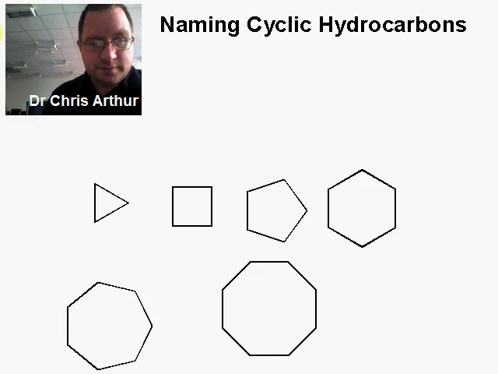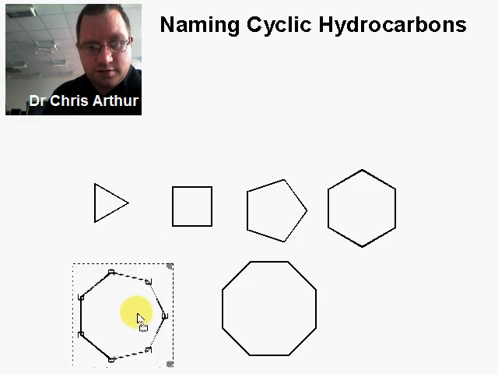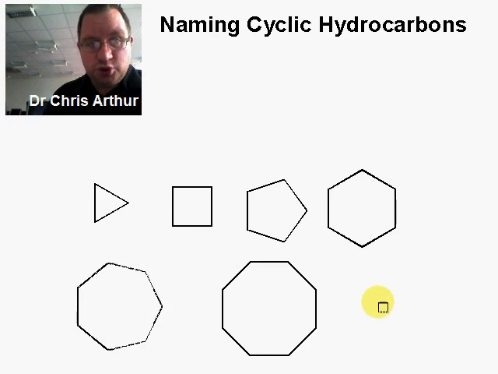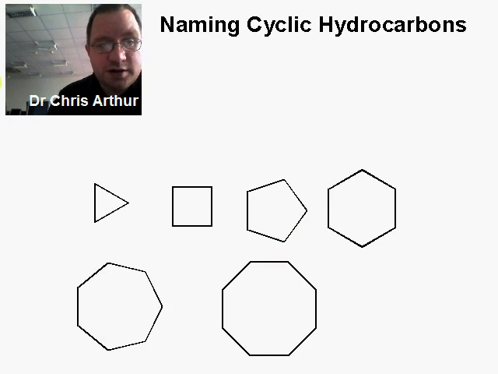Okay? And here are the first few cyclic hydrocarbons. These are cyclic alkanes, all of them. And we follow the same naming system that we did before.